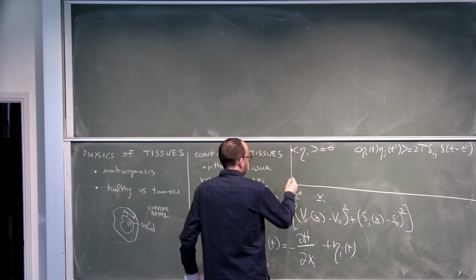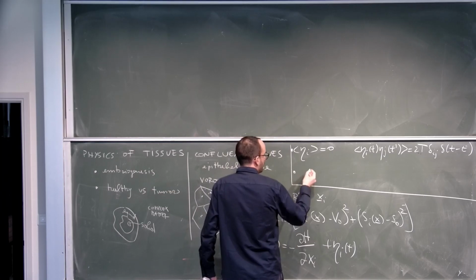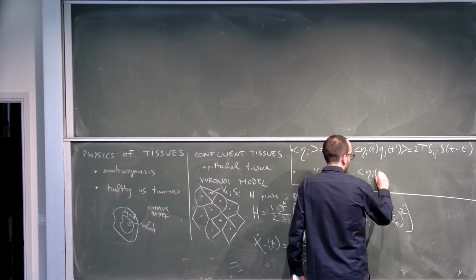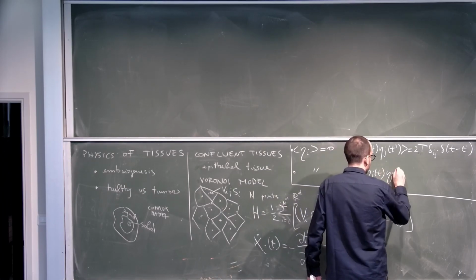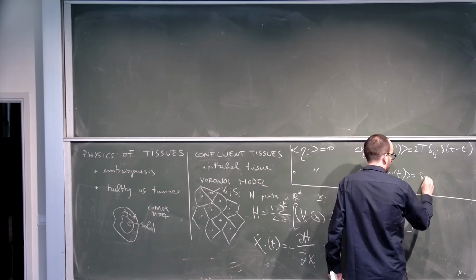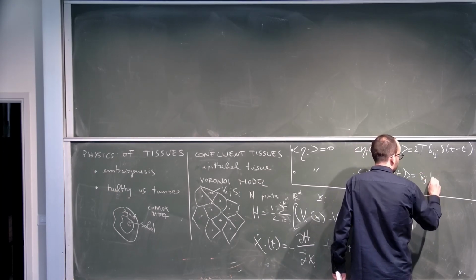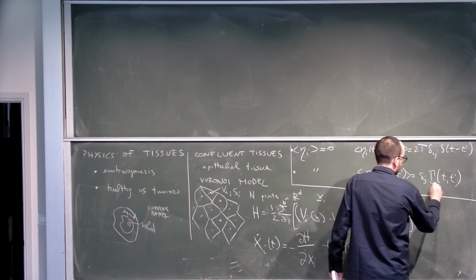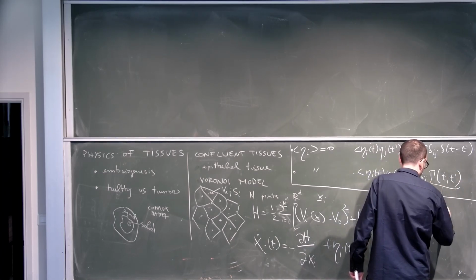Or what people are more interested in is the case in which the average is still 0, but the 2-point correlation function has some non-trivial structure: delta_ij, and then some Γ(t − t′). So for example, you can take Γ to be some exponential.